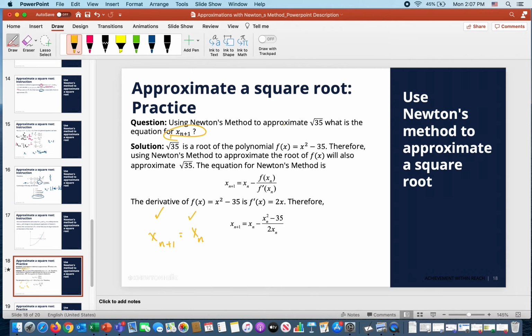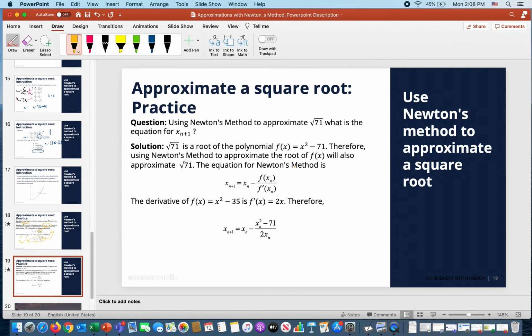So again, we're trying to figure out, where does 35 come from? We're plugging the square root of 35 in right here. So this f of x is that equation they gave me, x squared minus 35, and then the derivative. So let's talk about the derivative right here, f prime of x sub n. The derivative of x squared minus 35 is just 2x. So here is that equation that I was looking for.